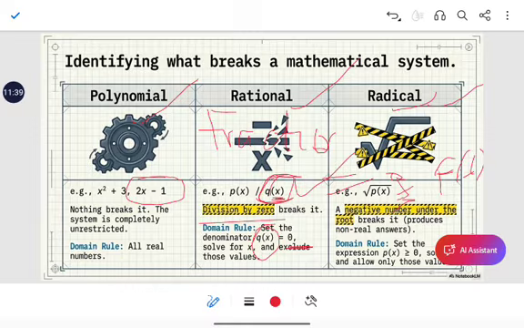Okay, so if you want to find out the domain, the sets of numbers that will break this system, that will make the system undefined, then you have to equate p of x to be greater than or equal to 0. Then you solve for it. Then you can exclude those numbers as undefined.